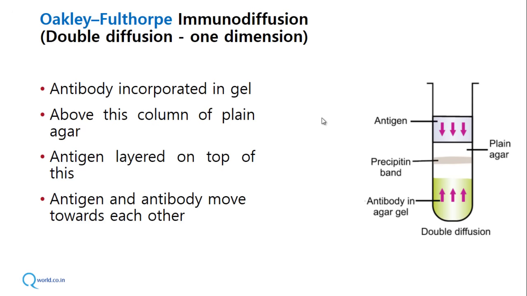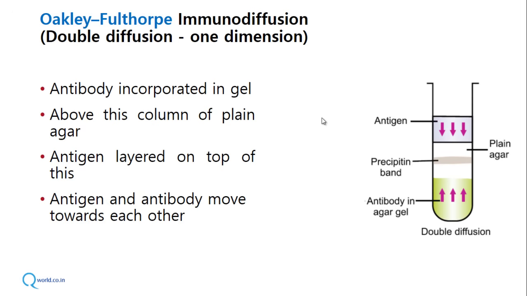Now here again we take a test tube and we put antibody in agar gel, and above that we put a column of plain agar, and then we layer antigenic solution on top of this.